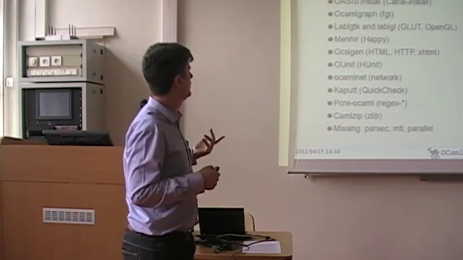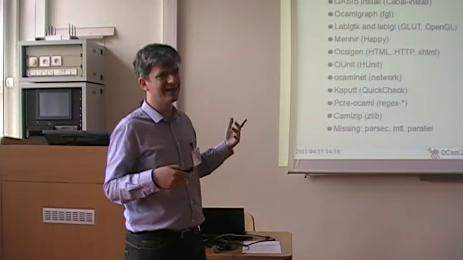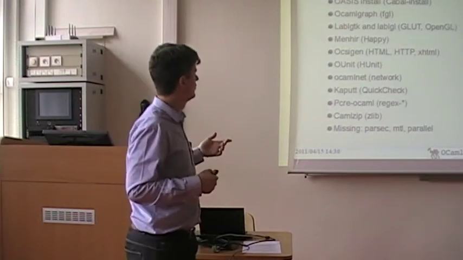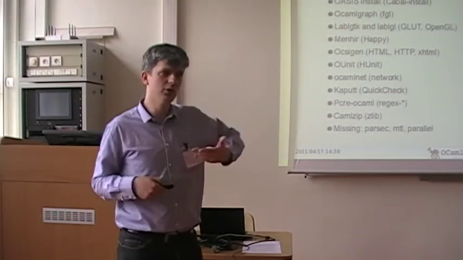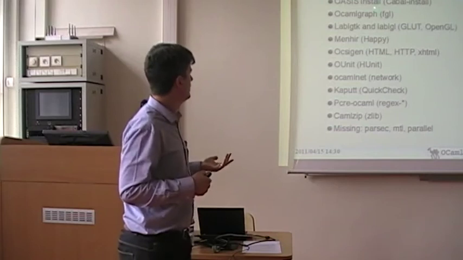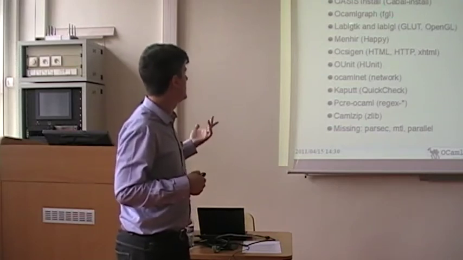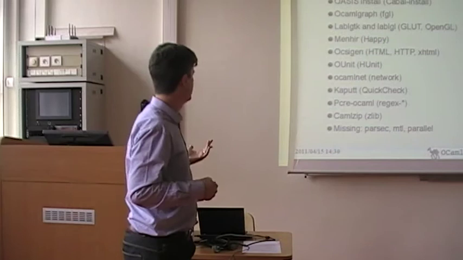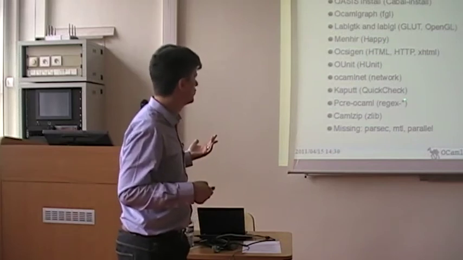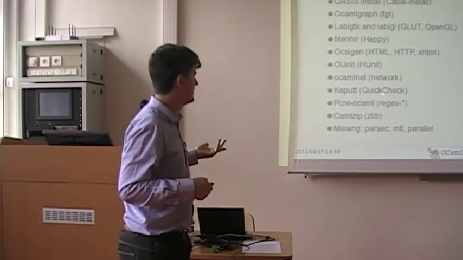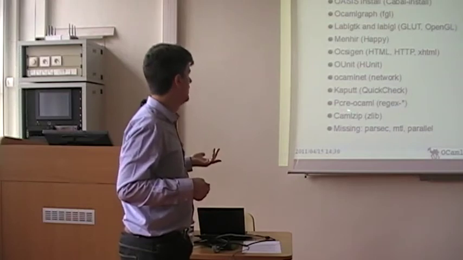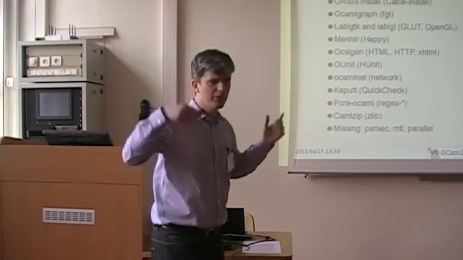For example, we've got Alex, a generic lexer for Haskell, and we've got ULEX in OCaml. They have FGL, we have OCaml graph. They have quick check, we have Kaput. They have regex, we have Pecre OCaml. They have zlib, we have CamelZip.